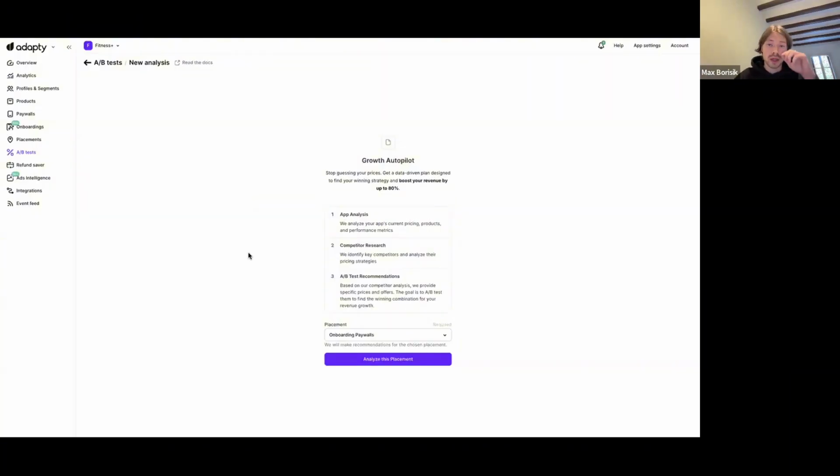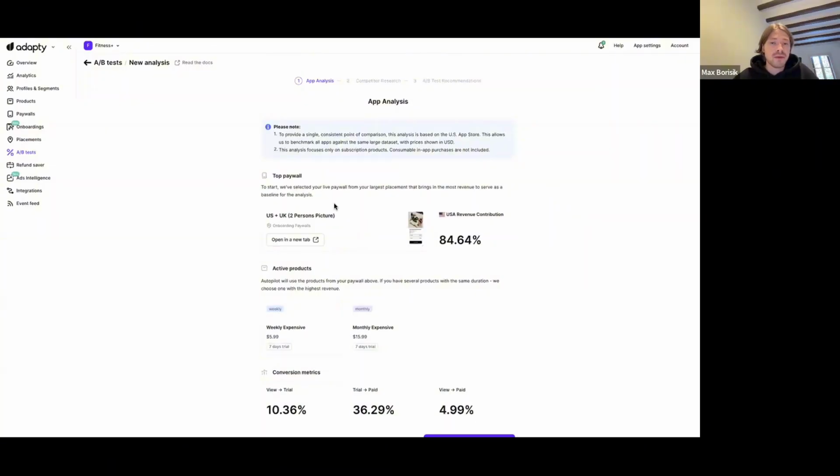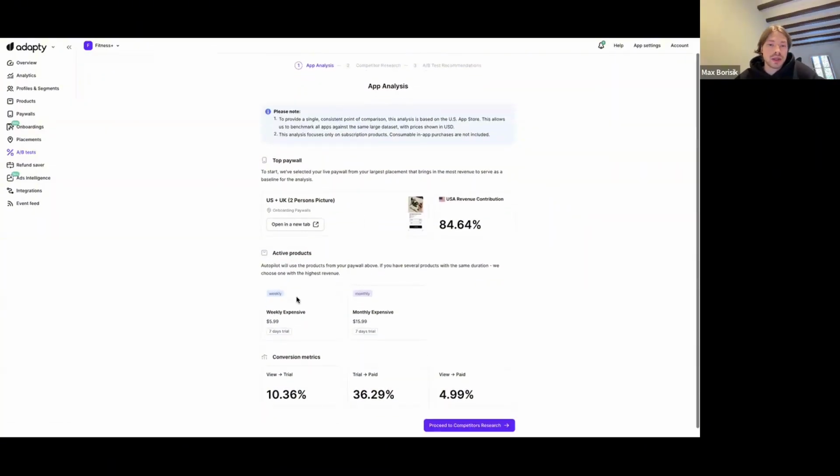Let's go to the quick demo of the Autopilot. In the beginning, we choose the main placement, which brings the most money for your app. For this particular app, it's the onboarding paywalls placement. After that, we go to the analysis of it. What happens here is that we understand the main paywall of your placement, and detect which products are on this paywall, and which of them are actually seen.